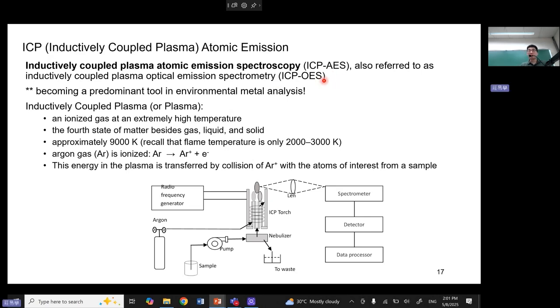Please keep in mind that they are the same instrument. Sometimes we use AES, sometimes OES, but they are interchangeable. Nowadays, ICP OES is becoming a predominant tool in environmental analysis for metals. I would say ICP MS or ICP OES are the predominant tools compared to the traditionally used FAA.